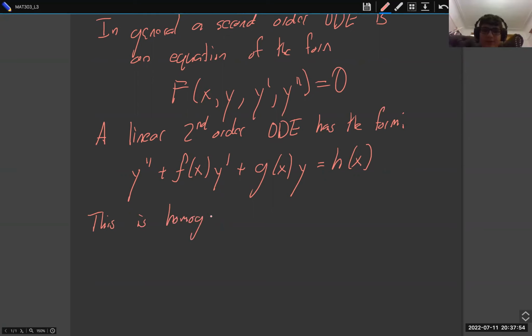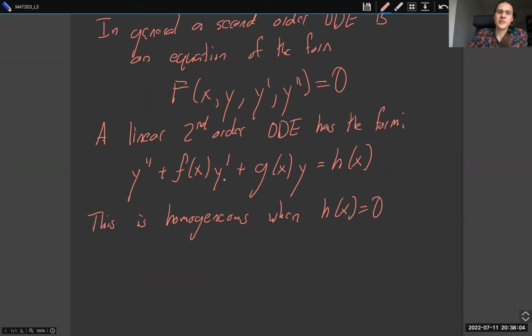When h of x equals zero, exactly. So a general linear second order ODE is an equation of this form, and it's homogeneous when this happens.